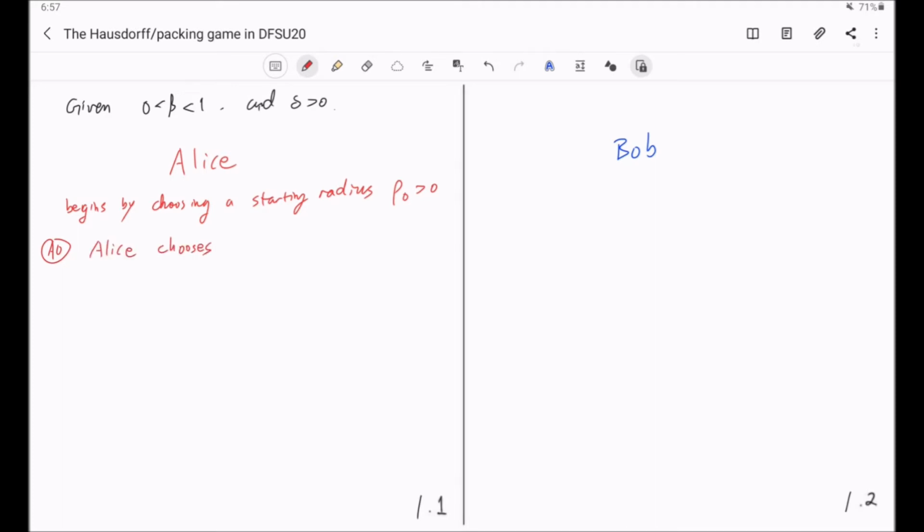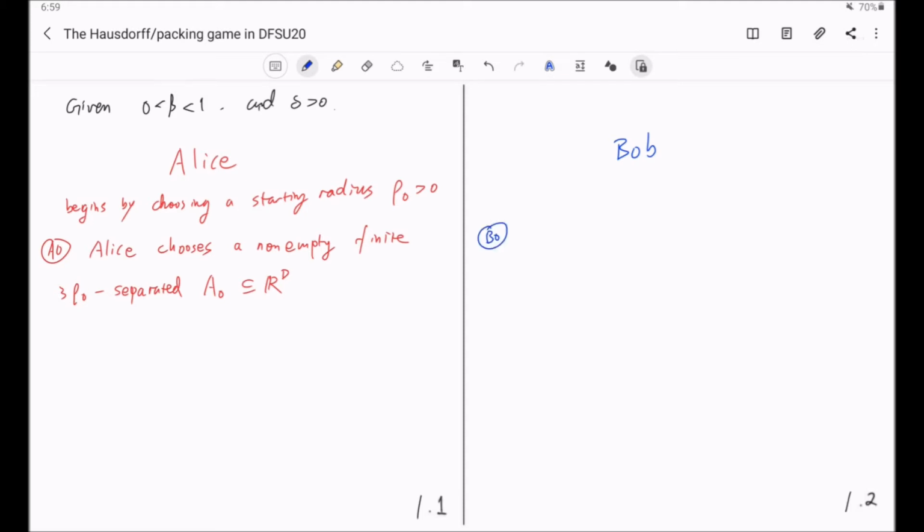And in the zeroth turn, Alice chooses a non-empty, finite 3 rho naught separated subset A naught in the space R^d, where d is just an integer. By 3 rho naught separated, we mean any two elements in A naught have distance at least 3 rho naught.